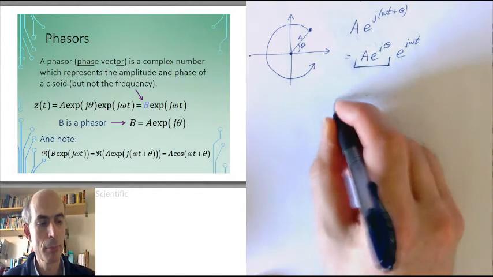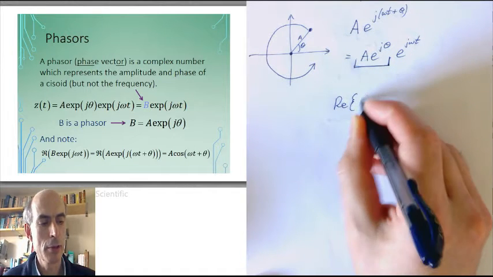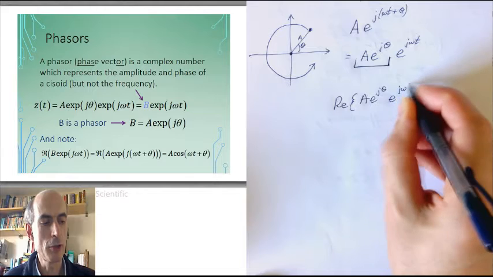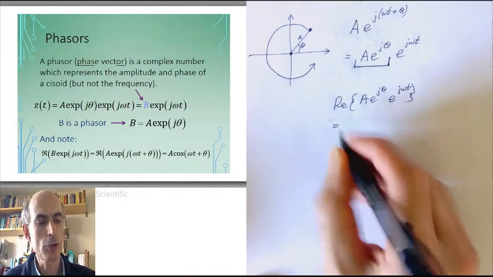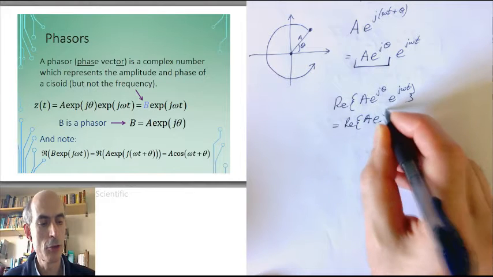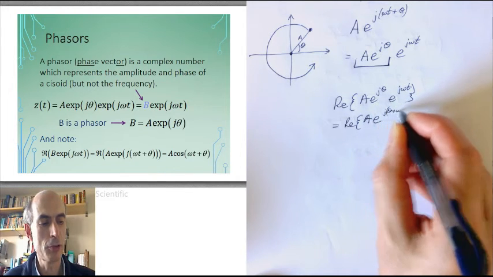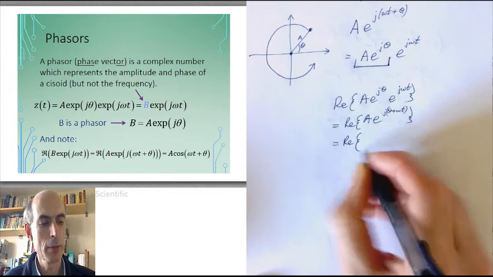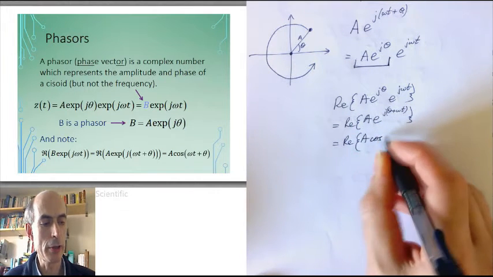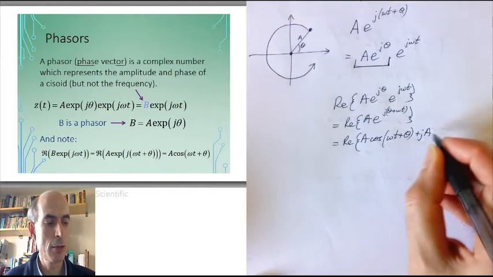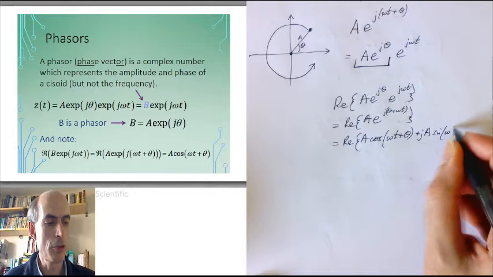And we do. The real part of A e to the j theta, e to the j omega t, just works out to be the real part of A times e to the j (theta plus omega t), which is the real part of A times cosine (omega t plus theta) plus jA sine (omega t plus theta).